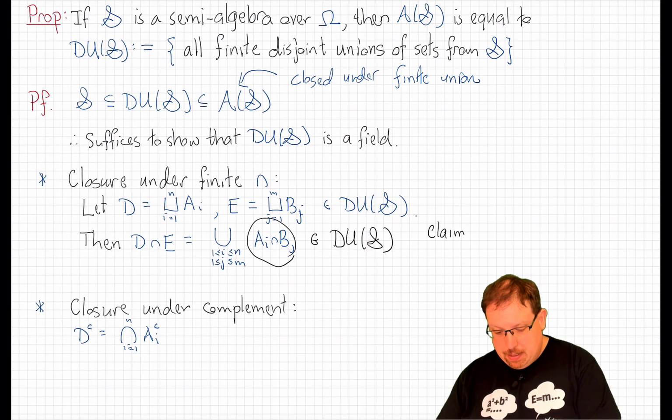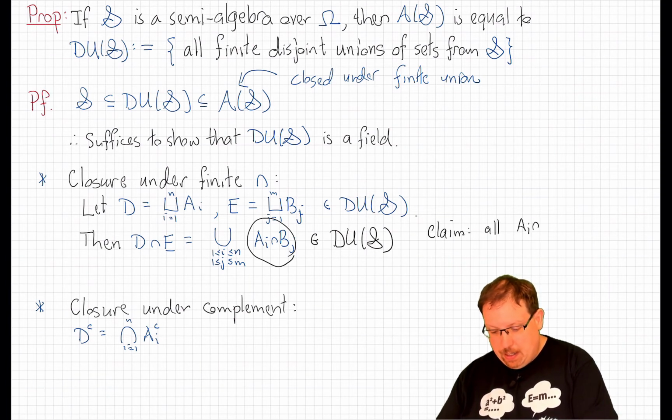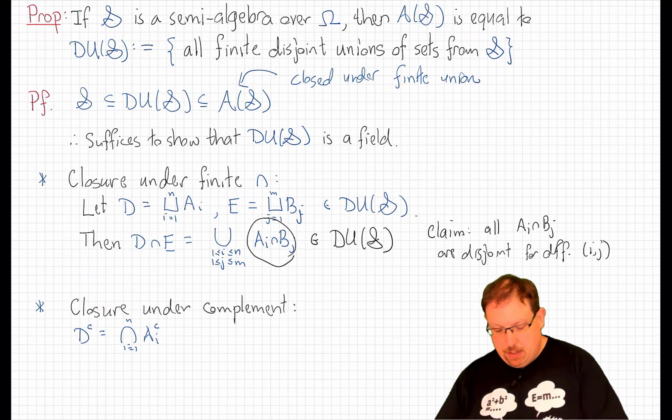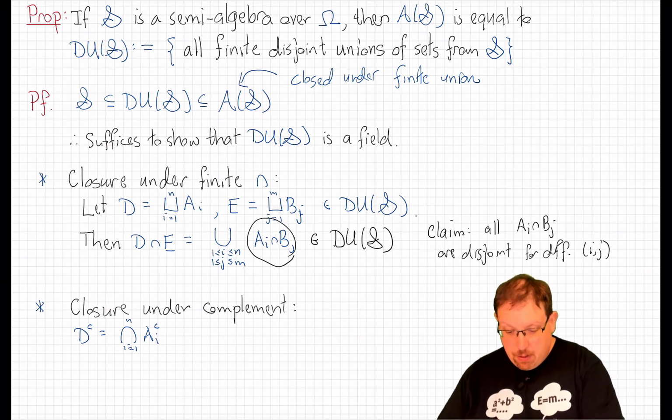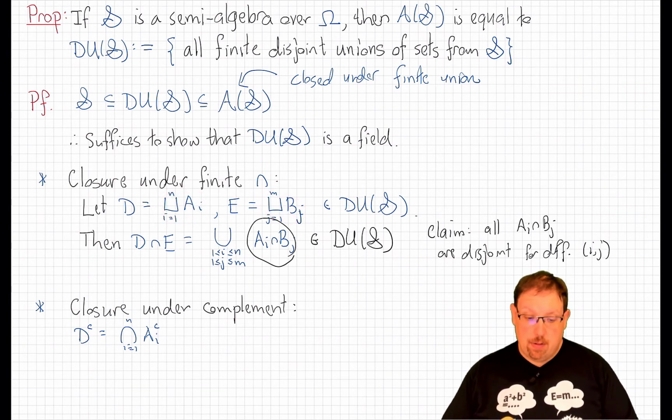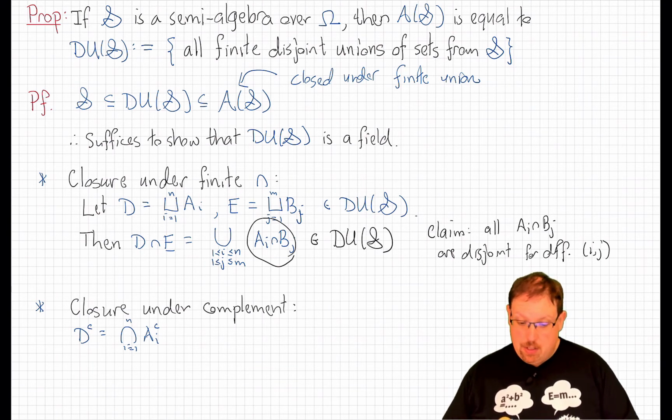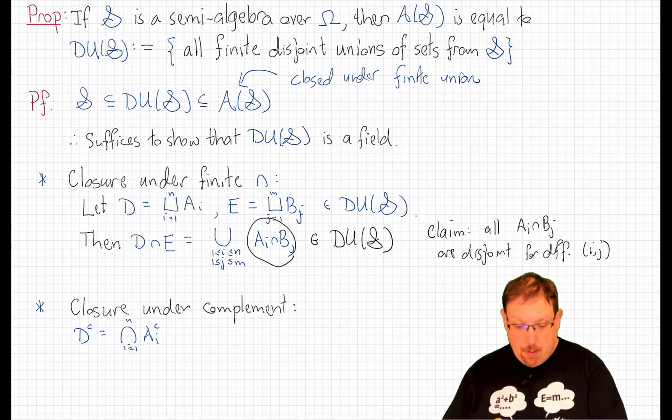The claim is that all Ai intersect Bj are disjoint for different pairs ij. And that follows simply from the fact that the Ais are disjoint from each other and the Bjs are disjoint from each other. So this set du is closed under intersection of any two or any finite number.